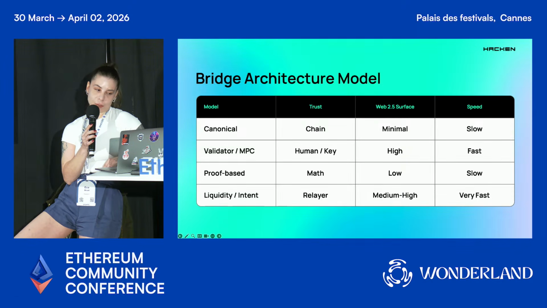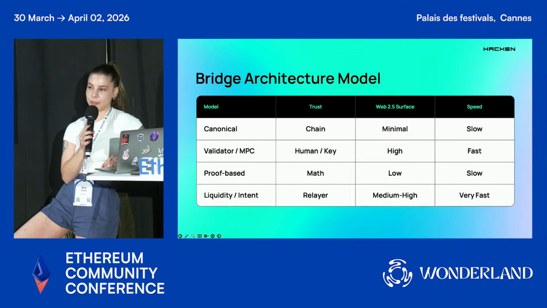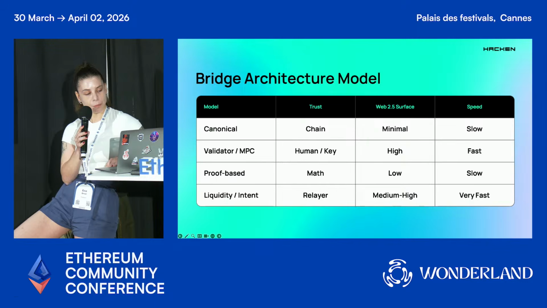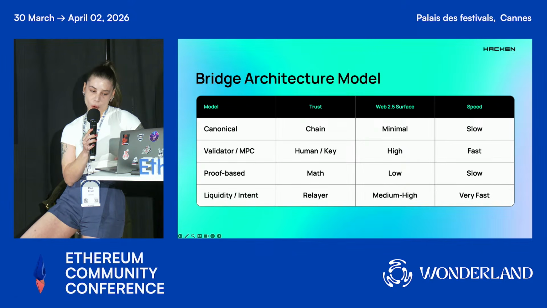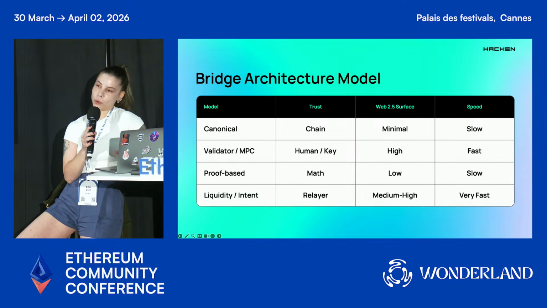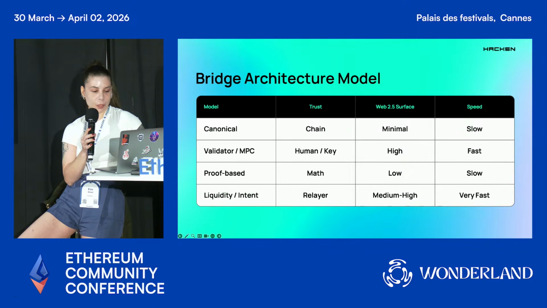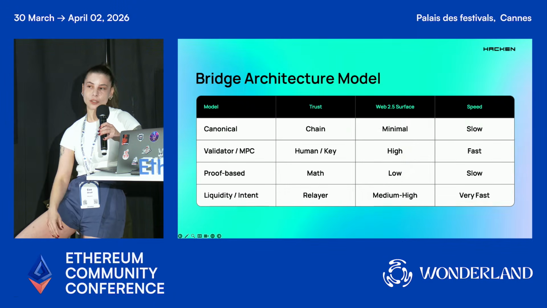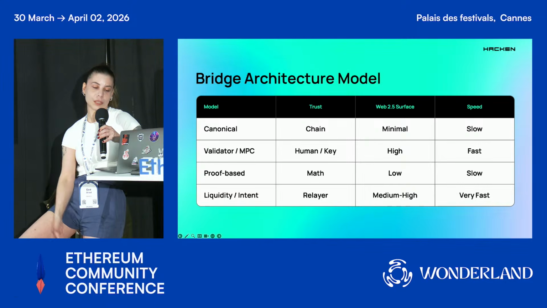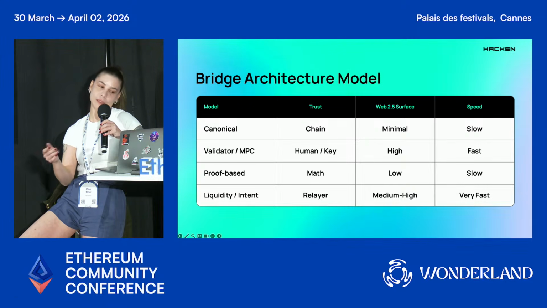It trusts liquidity layers, the attack surface is medium to high, and it's really fast and user-friendly. So at the end of today, the pattern is clear. 3 out of 4 models have Web 2.5 exposure. Proof-based is still evolving, but until that changes, billions of dollars keep flowing through the off-chain sides.